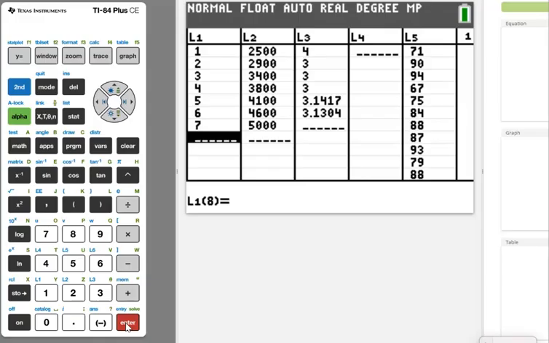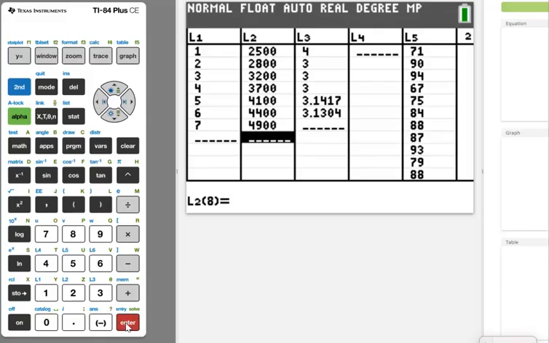And then our second column is 2,500, 2,800, 32, 37, 41, 44, and 49.